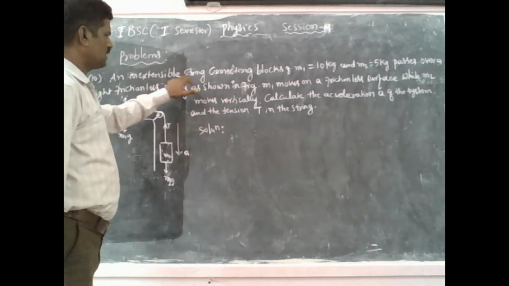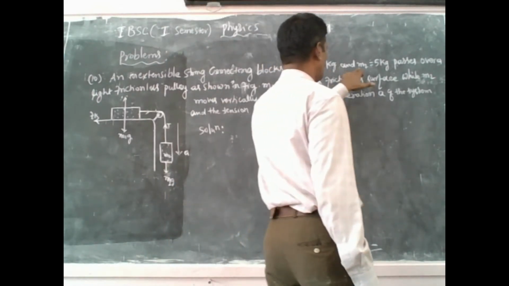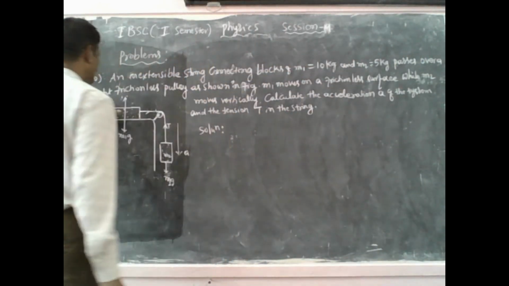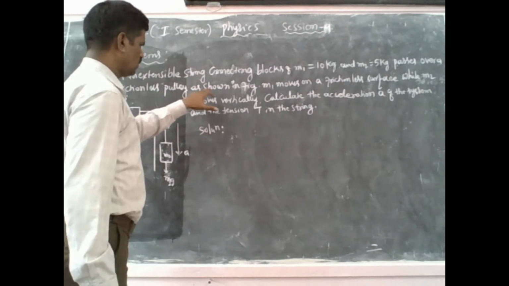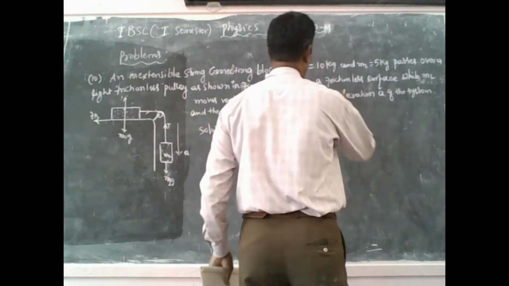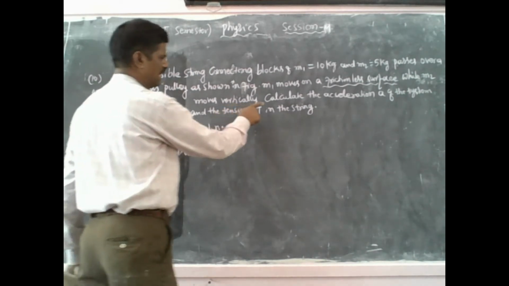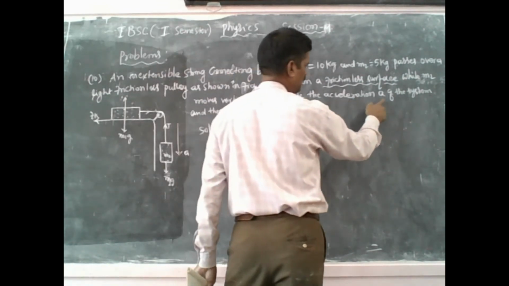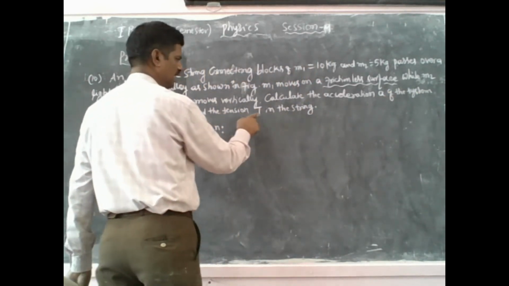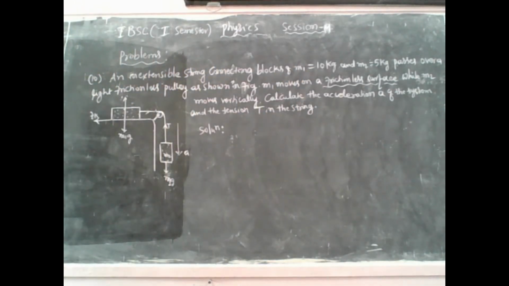An inextensible string connecting blocks of M1 equal to 10 kg and M2 equal to 5 kg passes over a light frictionless pulley as shown in the figure. M1 moves on a frictionless surface while M2 moves vertically. Calculate the acceleration A of the system and the tension T in the string, isn't it? So this is the question.